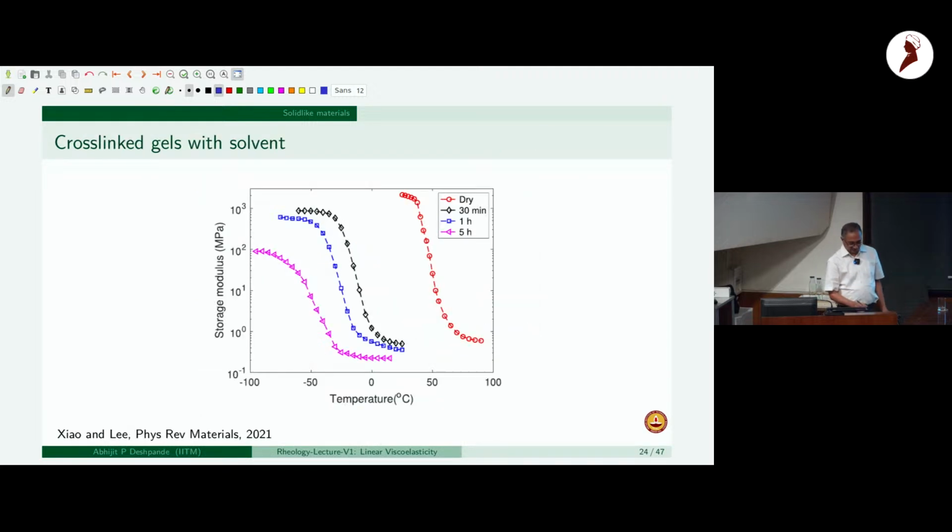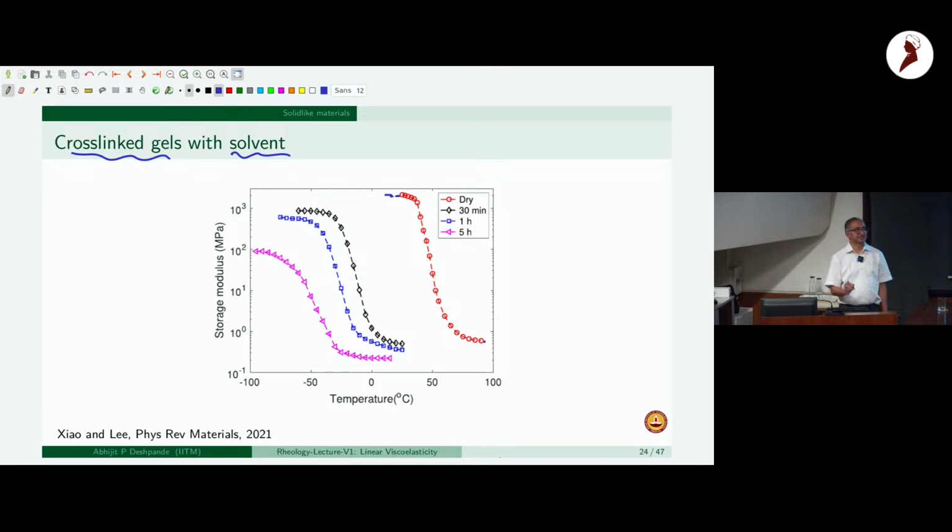And so this is a cross-linked gel in which some solvent is there, just to highlight the change in storage modulus from one condition to another. So this is a dry material, so it has a higher storage, but when you go to higher temperature, it becomes rubber, right?